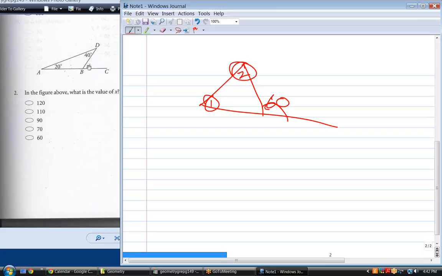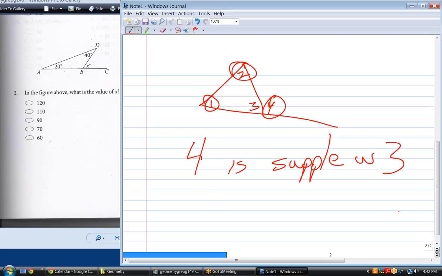And you can kind of see why that has to be. In other words, if I label all these angles here, we know that 4 is supplementary with 3, right? Yeah. 4 is supplementary, meaning it adds to 180 with 3.